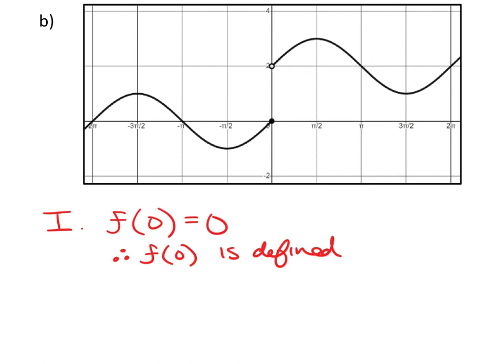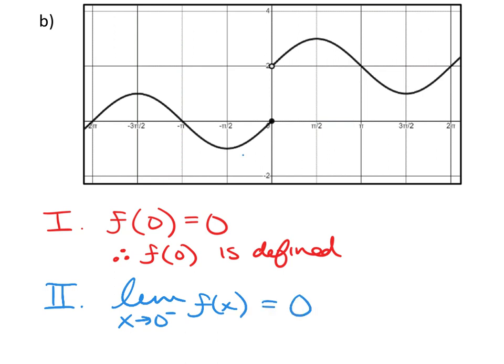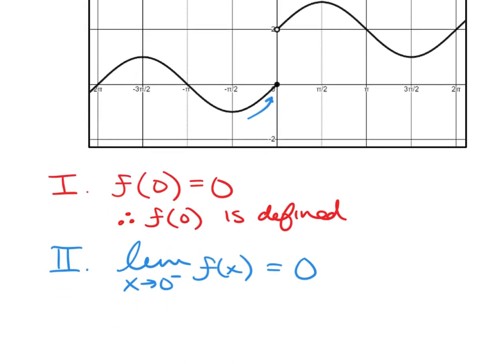We go to the second requirement, and we need to find the limit. What happens to this graph as we approach 0 from the left side? What is it equal to? On the left side? 0. Okay. What about on the right side?